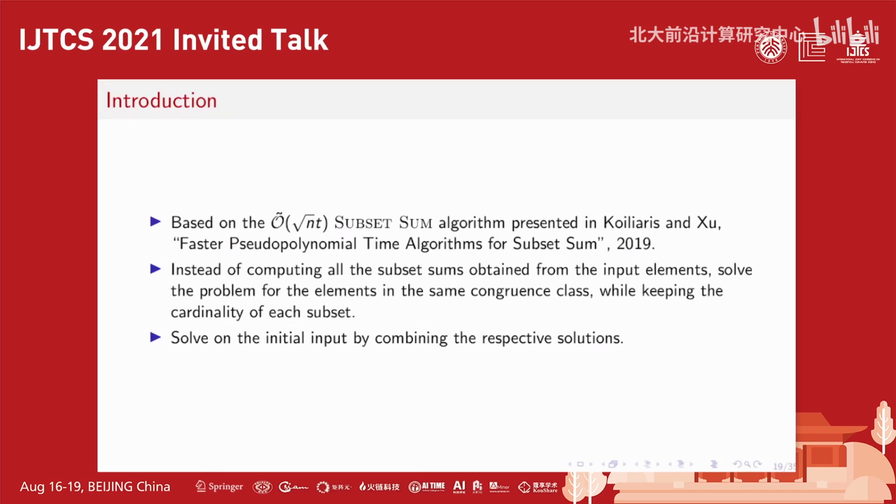The main idea behind their algorithm was that instead of computing all the subset sums of our initial input set, we can partition our input set into congruence classes, solve the problem for the elements in the same congruence class while keeping along with the subset sums the cardinality of the respective subsets, and then reconstruct the subset sums and successfully combine them to solve the problem for the initial input set.